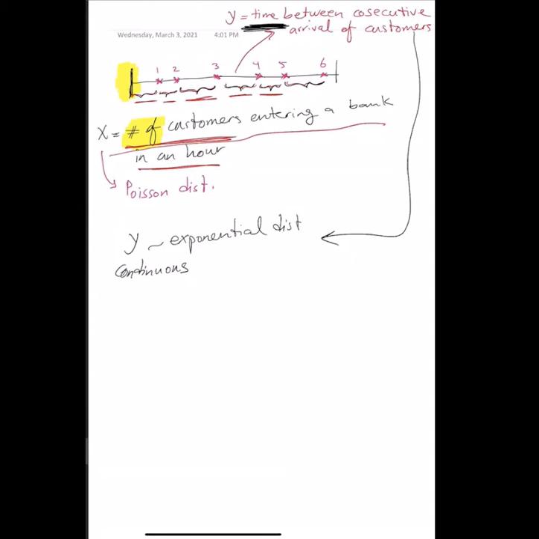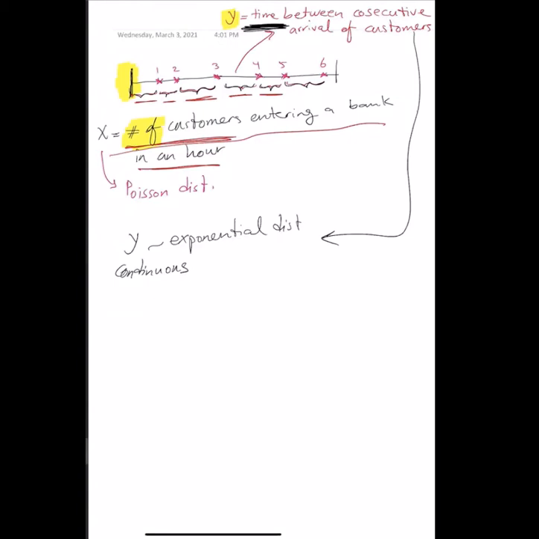However, the exponential counterpart looks at the time between those events: the time between arrival of customers to a bank, the time between arrival of consecutive calls to a call center, the distance between cracks in a mile of highway, and so forth. That's the continuous exponential random variable corresponding to each Poisson random variable.